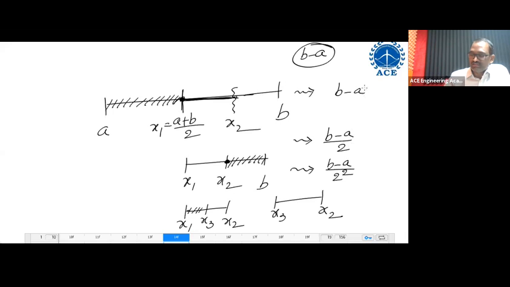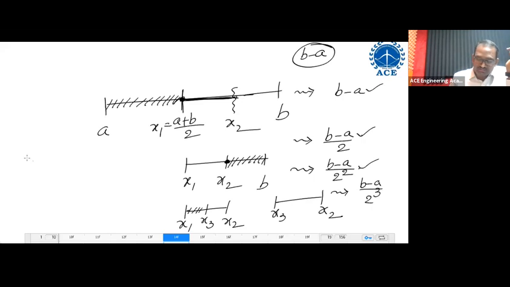That is b minus a by 2 square. Remember, the original interval length is b minus a. After the first approximation, the interval length is b minus a by 2. After the second approximation, it is b minus a by 2 square. After the third, b minus a by 2 cube.